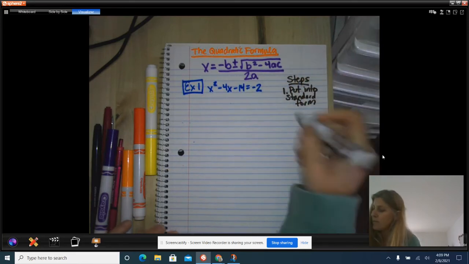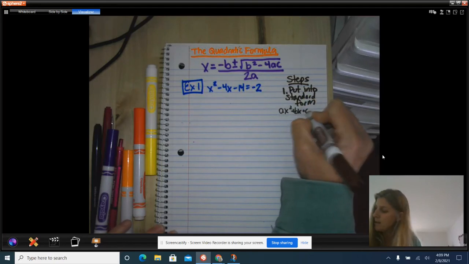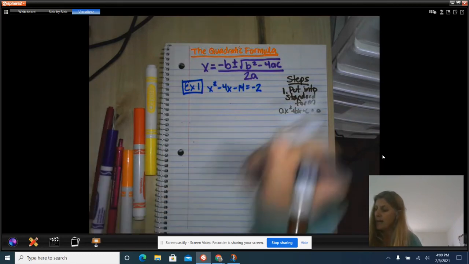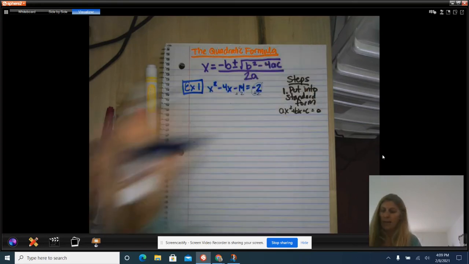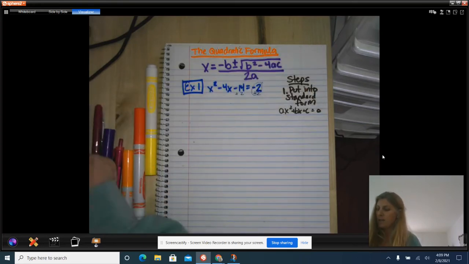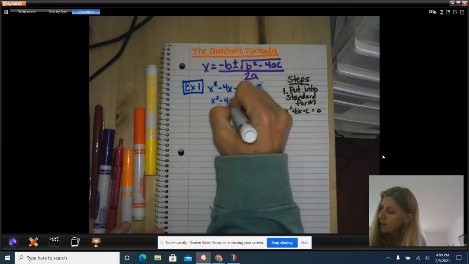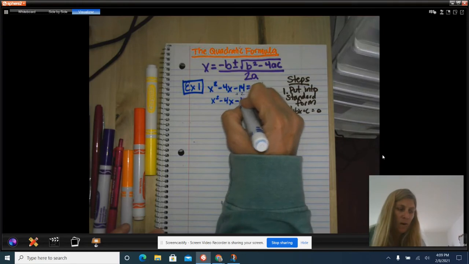And we know standard form is ax squared plus bx plus c is equal to 0. So we're going to do this by very simply adding 2 to both sides. And that gives us x squared minus 4x, negative 14 plus 2 is negative 12.